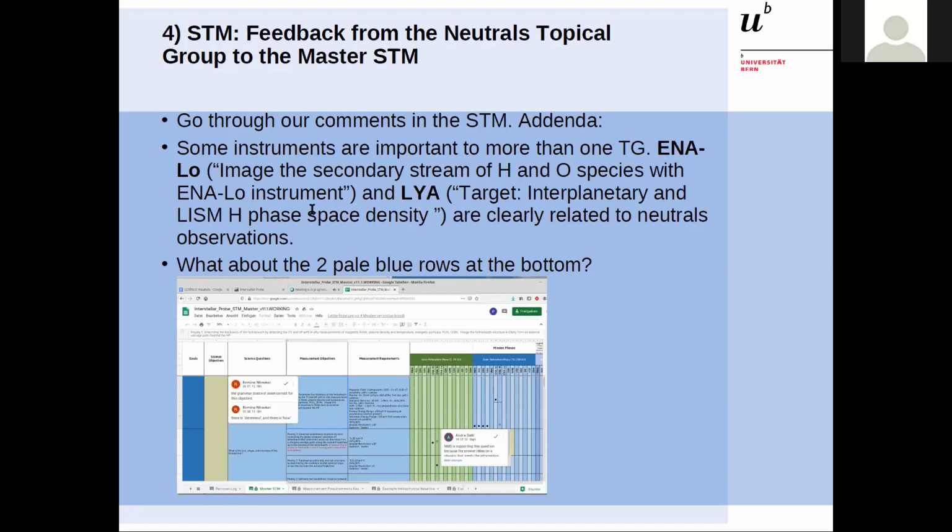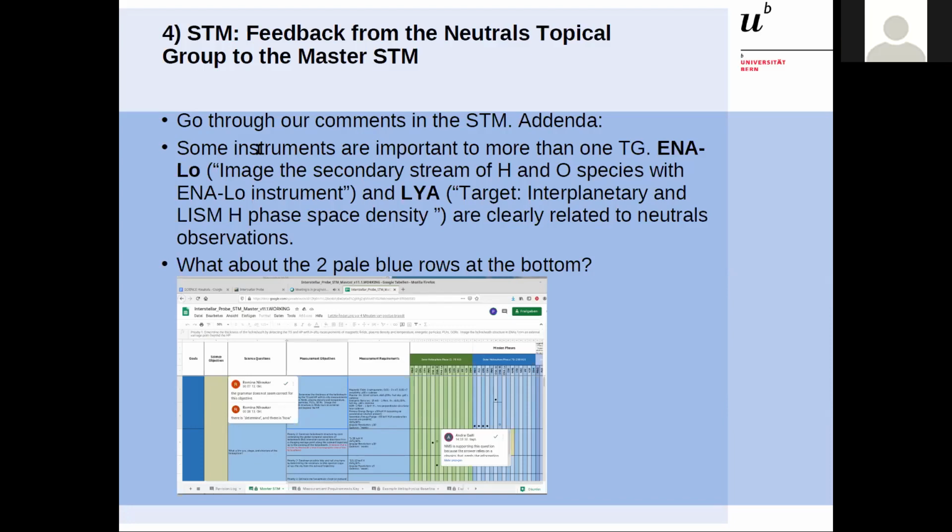Of course, the first thing is a general problem that you always have if you set up topical groups or subgroups to discuss such an STM. Some instruments are important to more than one topical group. So it's always the question, do you make groups according to science or according to instrumentation?